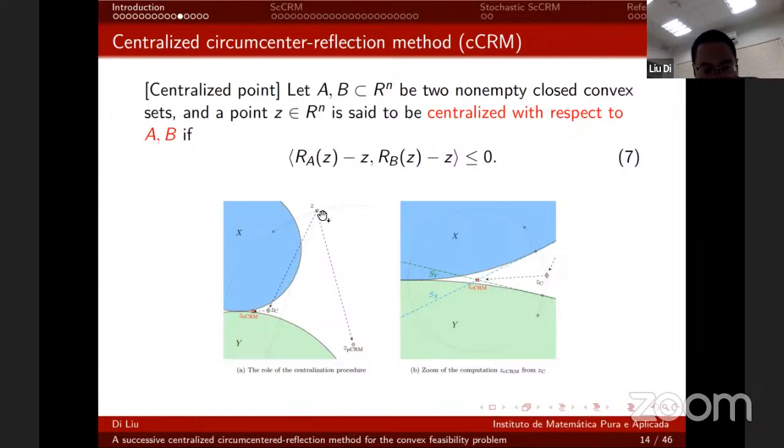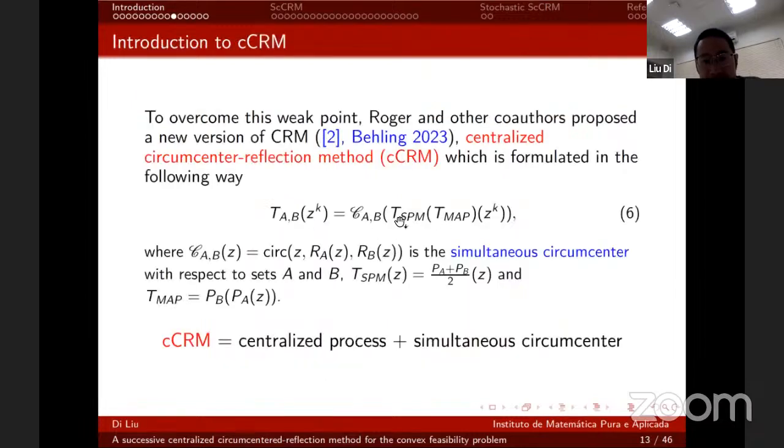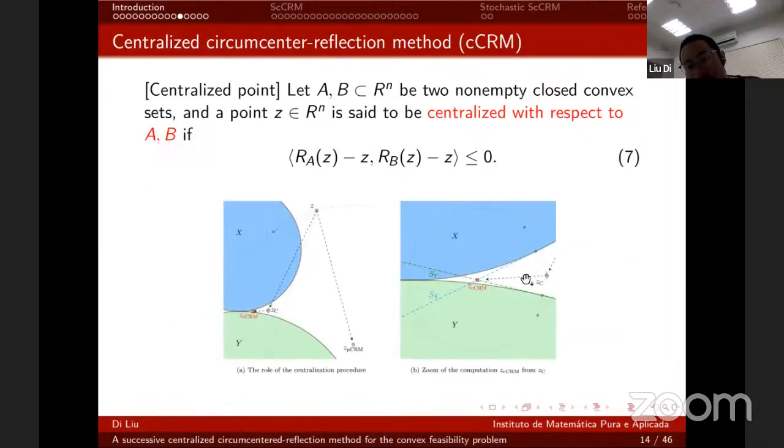And this point is not centralized with respect to X and Y, because the angles here are obviously less than 90 degrees. So I said this process, T-map and T-SPM, is the centralized process. As long as you give a point Z_k, whether centralized or not, after these two operators you get a point which is centralized with respect to A and B, like the point here, not this point anymore.